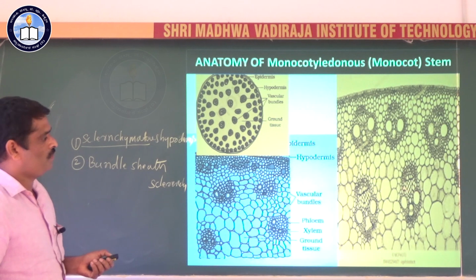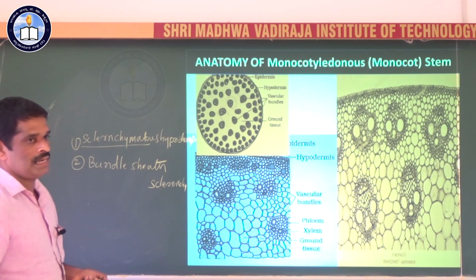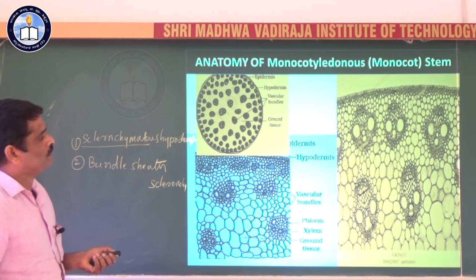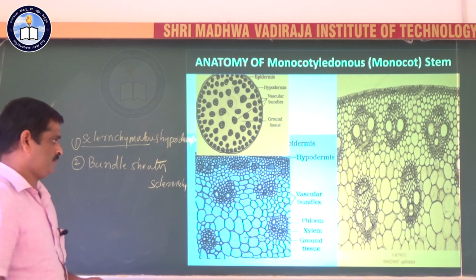Between the phloem and the xylem, cambium is absent. Another important feature, presence of water-filled cavities, that is called the lysigenous cavity, present in the vascular bundles. And the monocot does not show secondary growth.